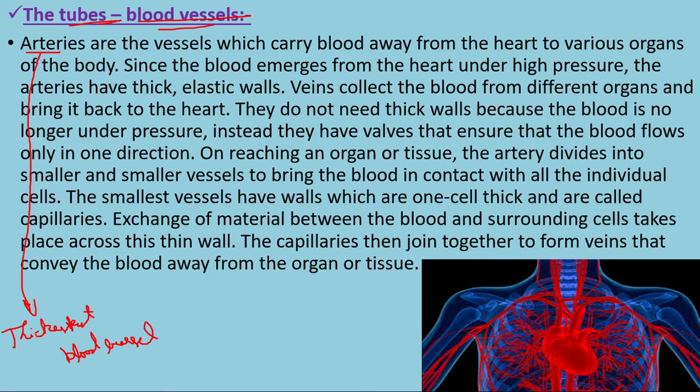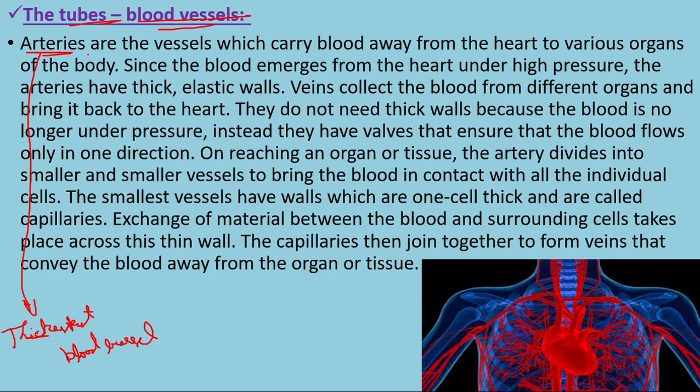So why are they thick? Because the heart pumps with high pressure, right? So they need thick walls so the blood vessels do not break. So we need arteries that have very thick walls.